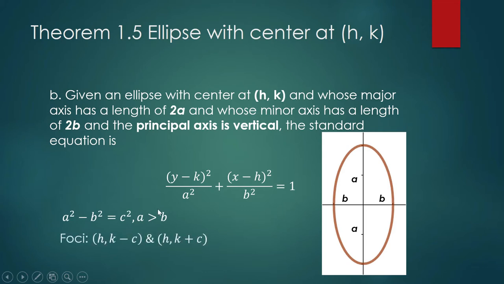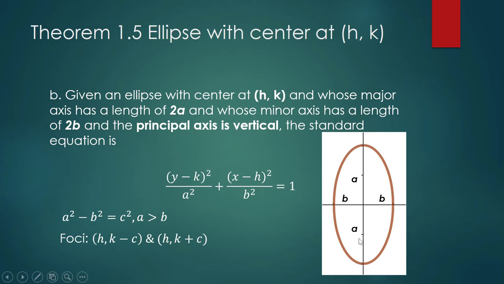c squared can be obtained from a squared minus b squared, and the square root of that will give us the value of c. c will help us locate the coordinates of our foci. The vertices, the center and the foci are all collinear. They lie on the principal axis.